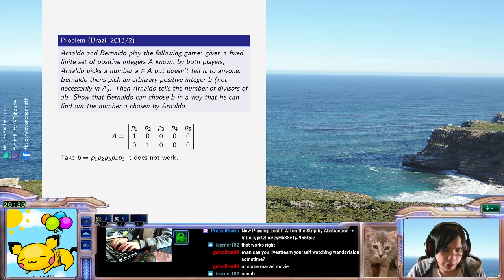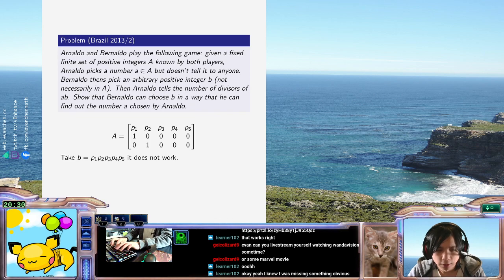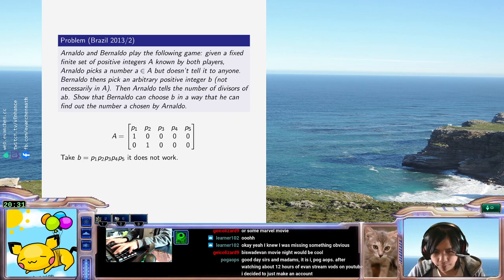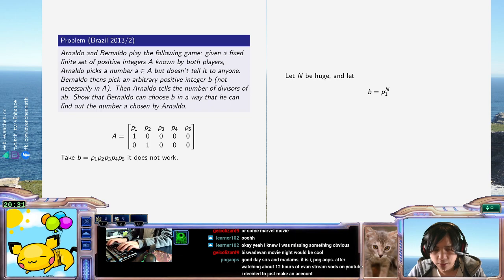But my thought was to let n be huge, and let b equal p1 to the n, p2 to the n squared, p3 to the n cubed, p4 to the n to the 4, p5 to the n to the 5.